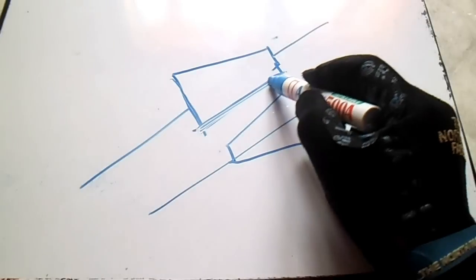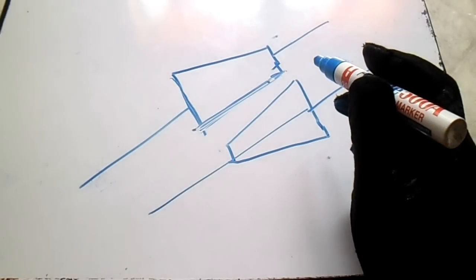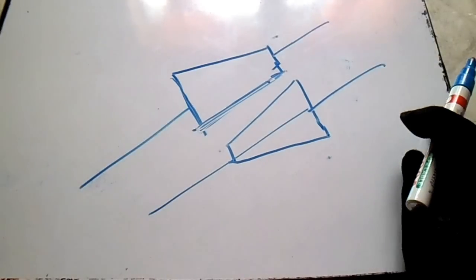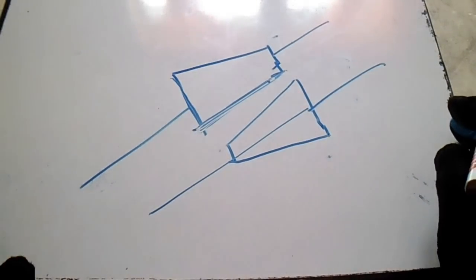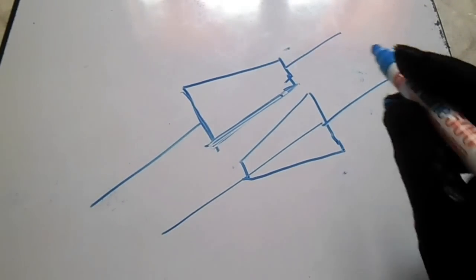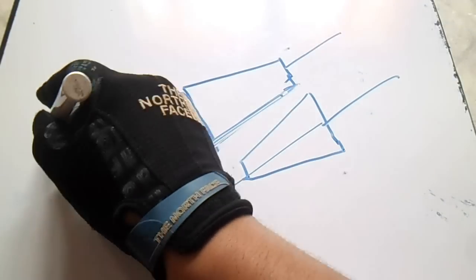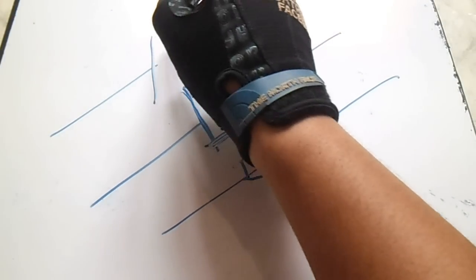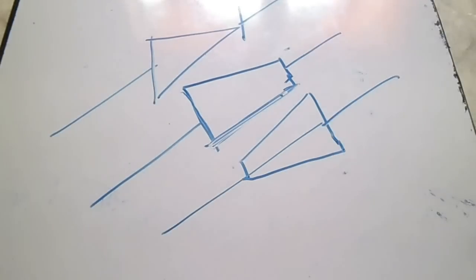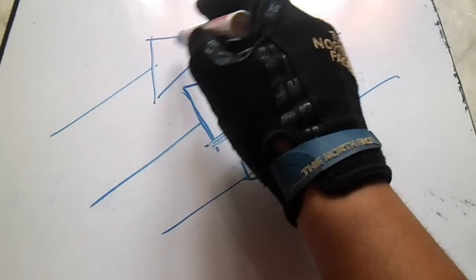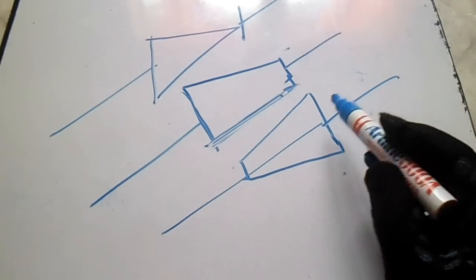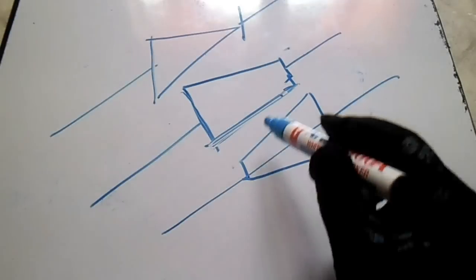Okay, and we have also symbols of swage. So this is a symbol of swage, eccentric and concentric.